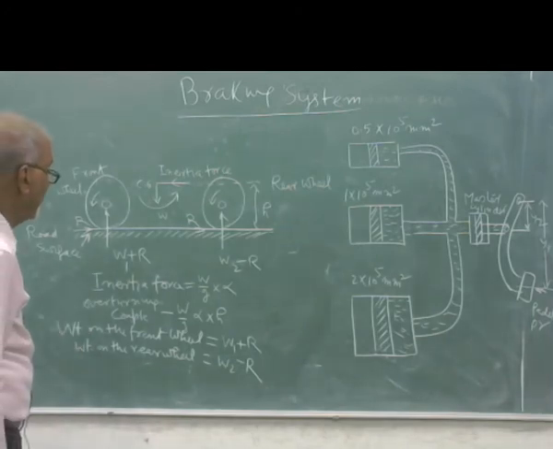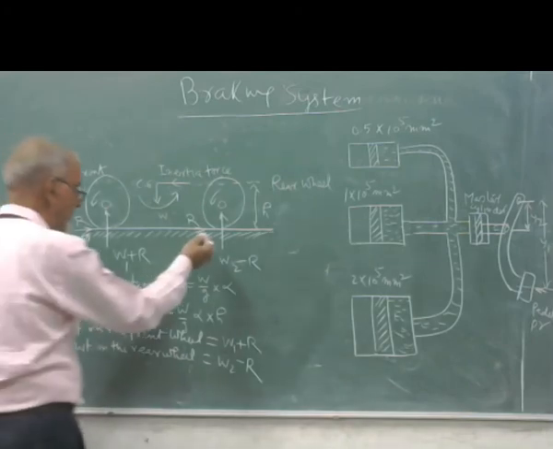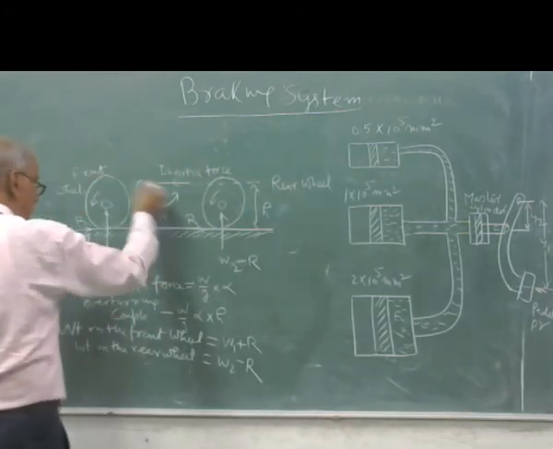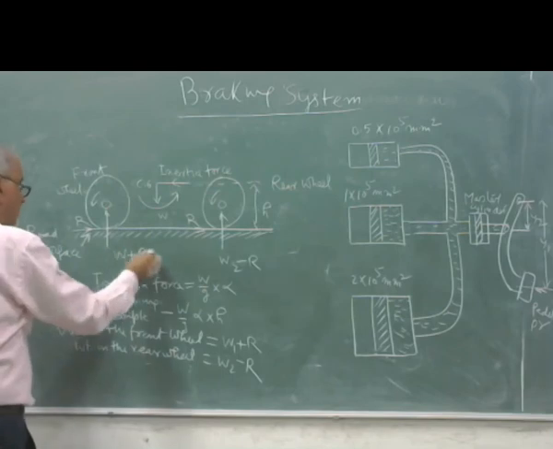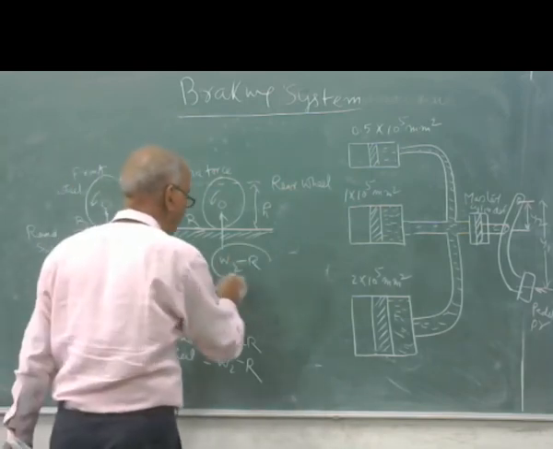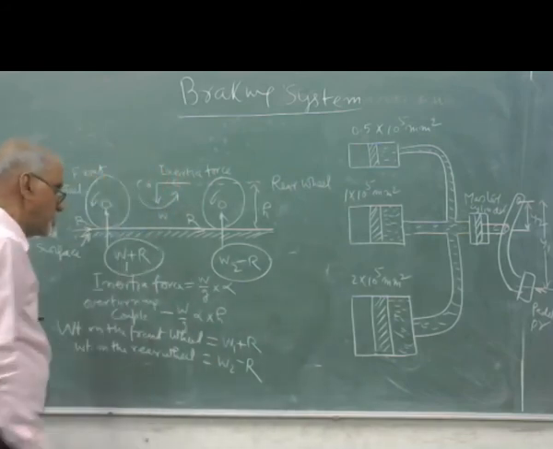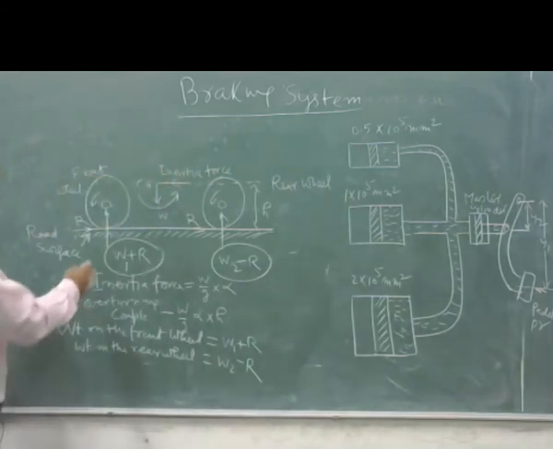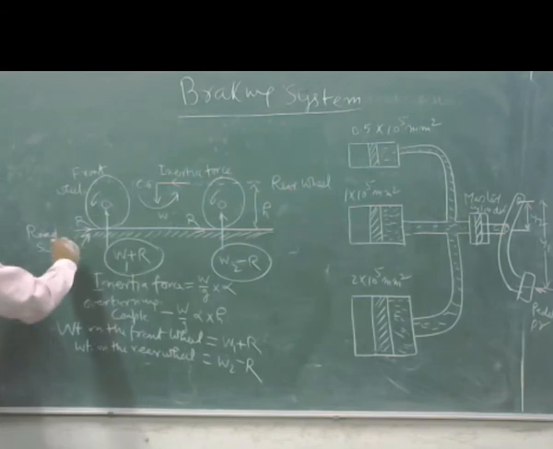Now we are dealing with the efficiency of the braking system. When the load is being transferred from the rear wheel to the front wheel, the load at the front wheel increases while the load at the rear wheel decreases. So a more effective braking system should be there for the front wheel because extra load is coming over here.